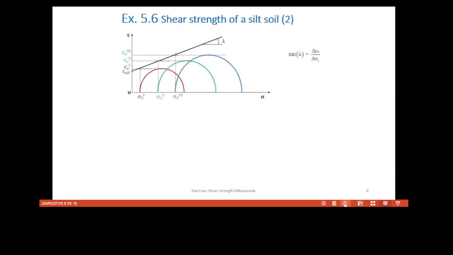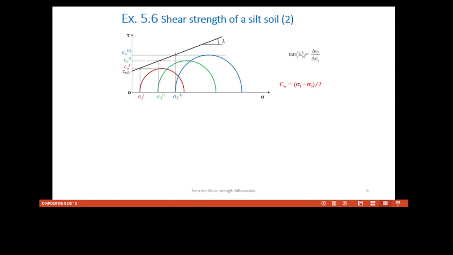Second phase, coming back to the drawn Mohr circles for a Cu test. So we know that the Cu for each test is simply the radius of the circle. And since we consolidate the soil from one test to another, that means the shear stress increases.